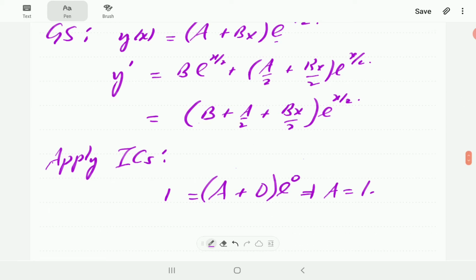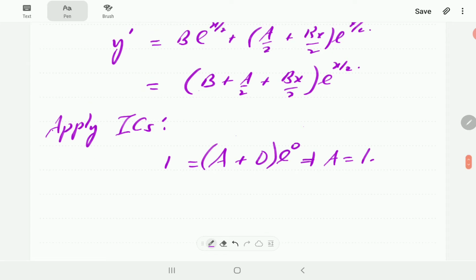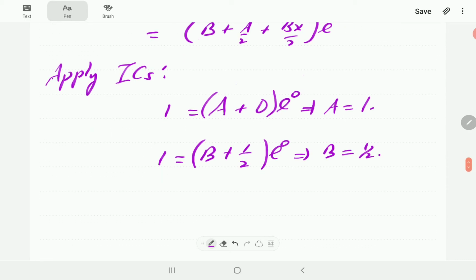Then in the second case, again y prime is 1. x is 0 again, so this is going to be b plus, remember we just found that a is 1, so this is going to be 1 over 2, and this term vanishes because x is 0. And then from here we find that b is equal to 1/2.